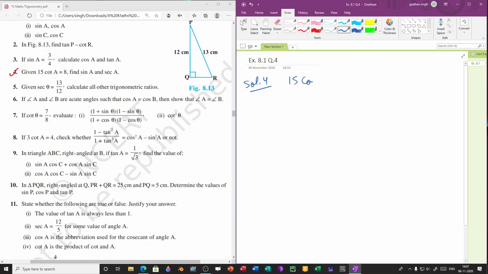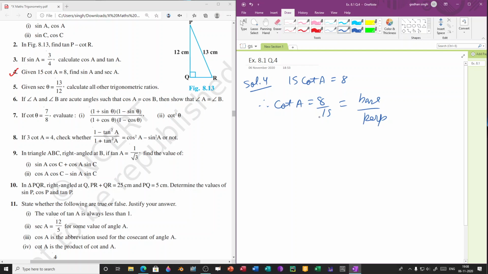15 cot A equal to 8. Therefore cot A equal to 8 by 15, and cot is defined as base over perpendicular. So now we cannot say that the base is 8 and the perpendicular is 15. It may or may not be.